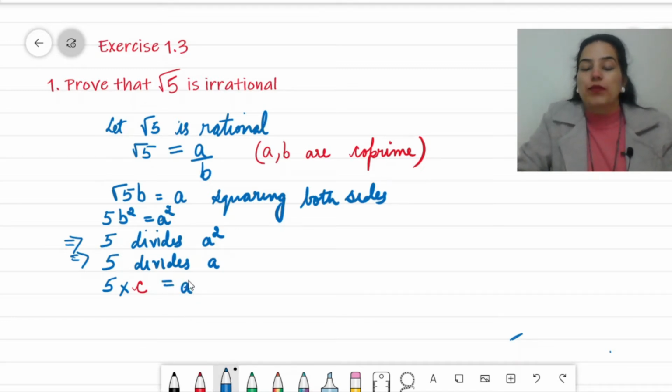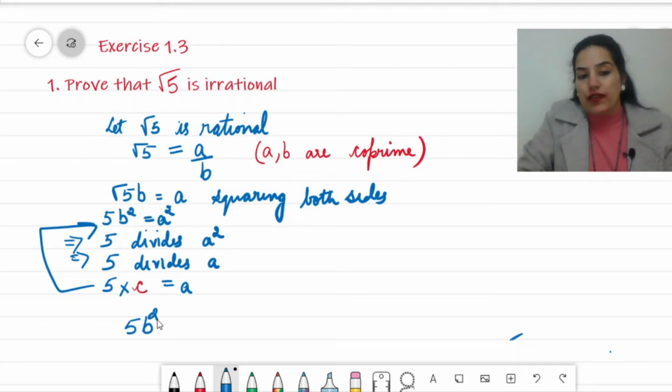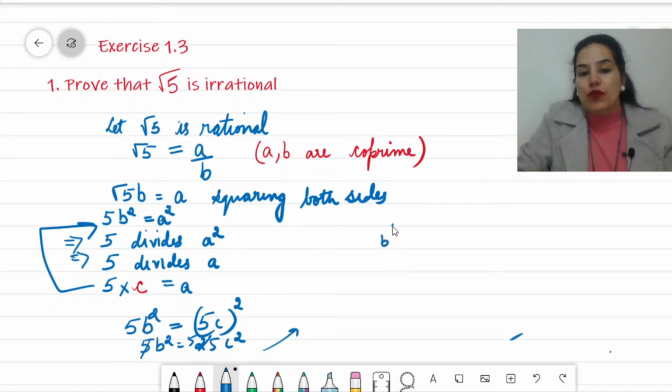Now I'll put this value back from where we started. So what will I get? 5b square, and instead of a, now I will write 5c whole square. And after that I will get 5b square is equal to 25c square. And 5 and 5 cancel, so I get b square is equal to 5c square.